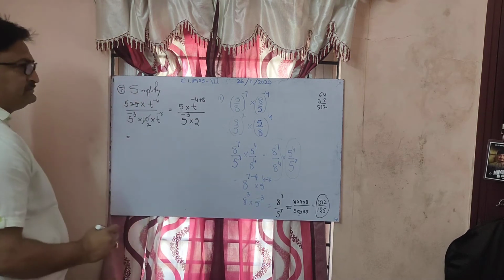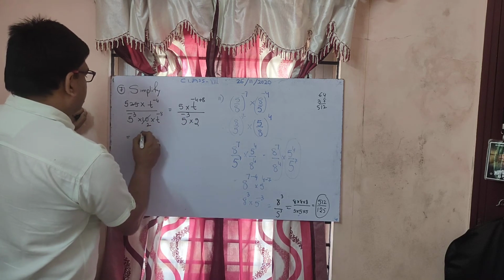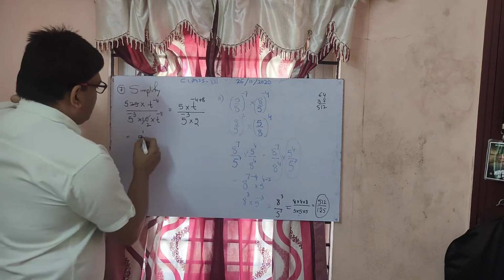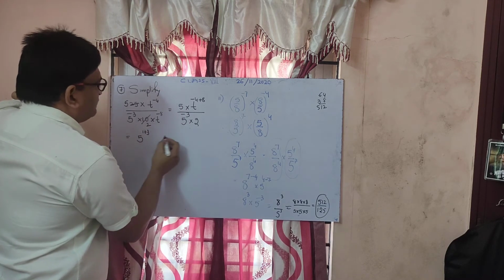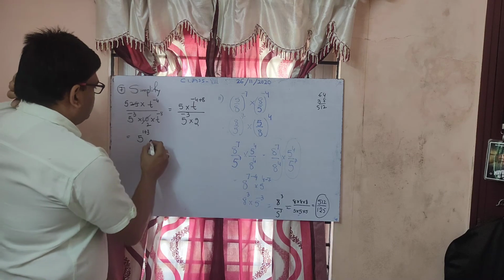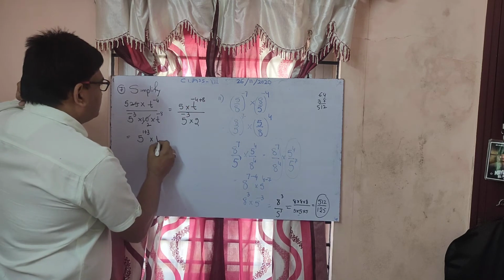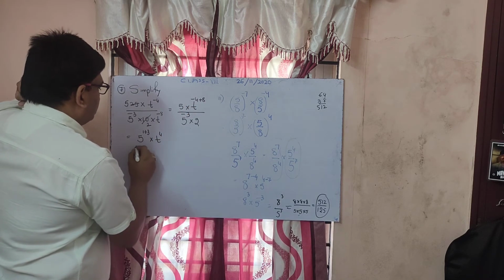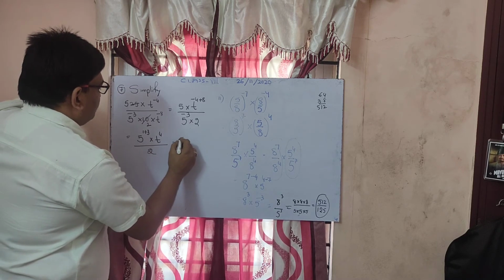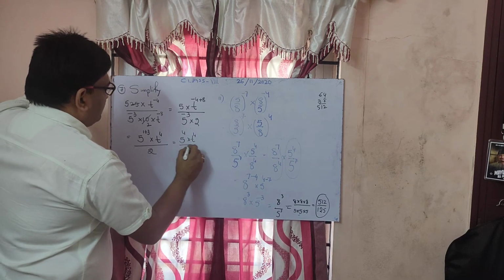Next step, 5 as it is. If nothing is there, 1 is there. Now take this 3 up. What it becomes? It becomes positive. If it is negative and it comes up, it becomes positive. Now, how much is it? t to the power minus 4 plus 8 is how much? That is plus 4. What remains? 2. So 5 to the power 4 into t to the power 4 divided by 2.